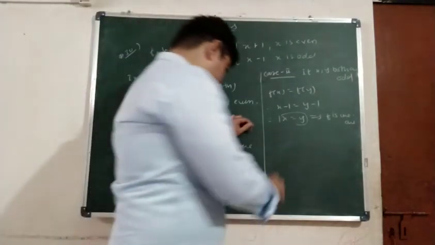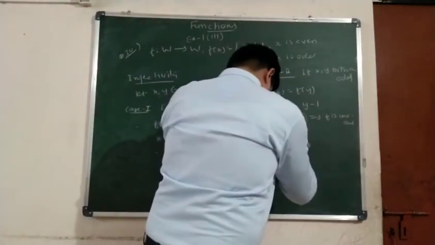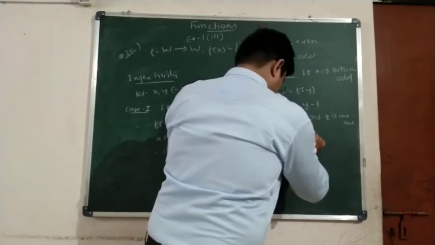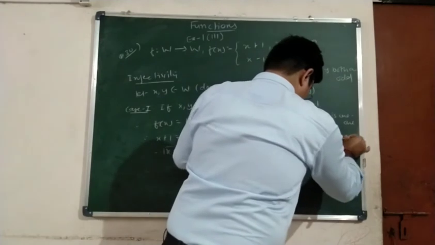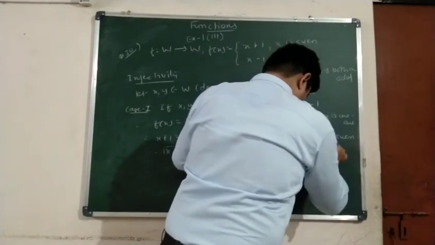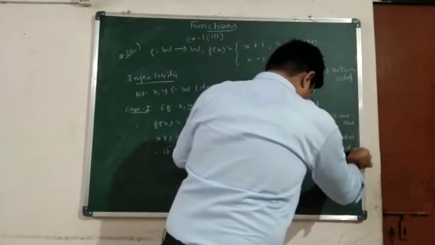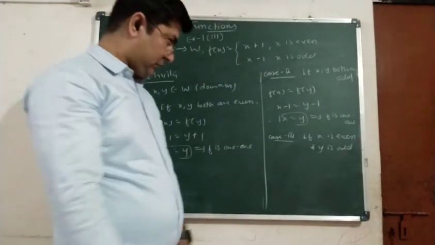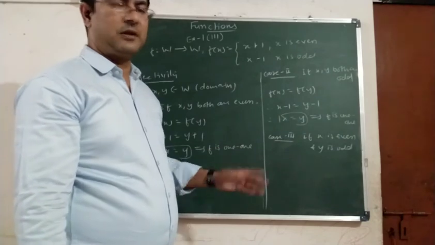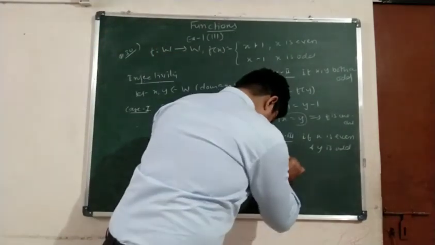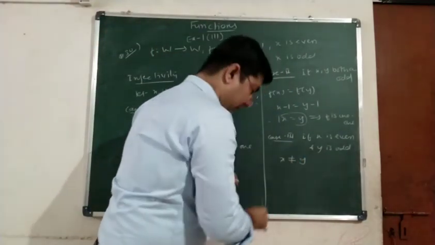Okay, now case 3. If x is even and y is odd or the reverse. Okay, so if x is even and y is odd, or y is odd, x is even, in both these cases x will not be equal to y.